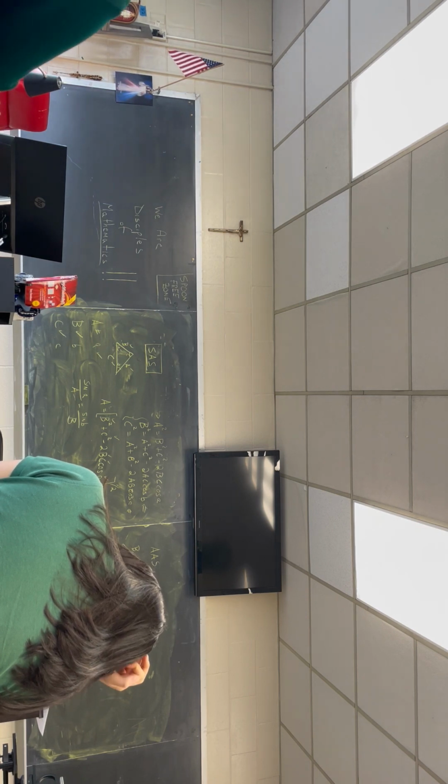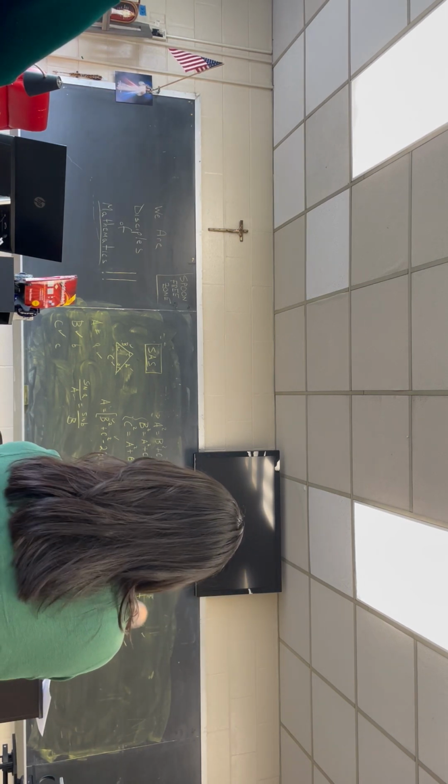A sine little b divided by the sine. So this gives us then B.